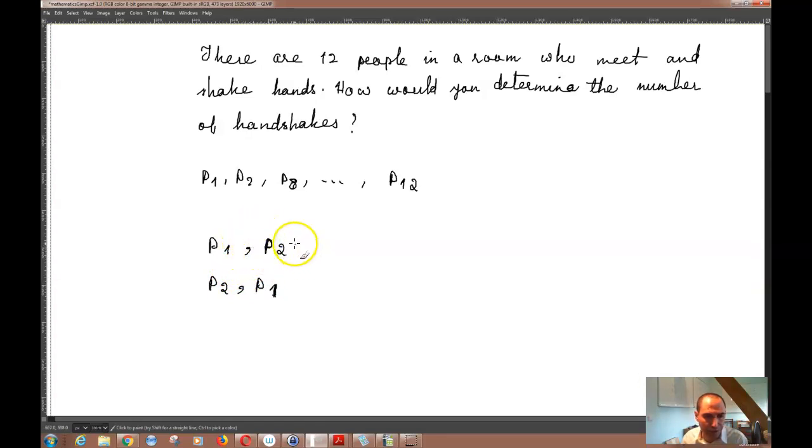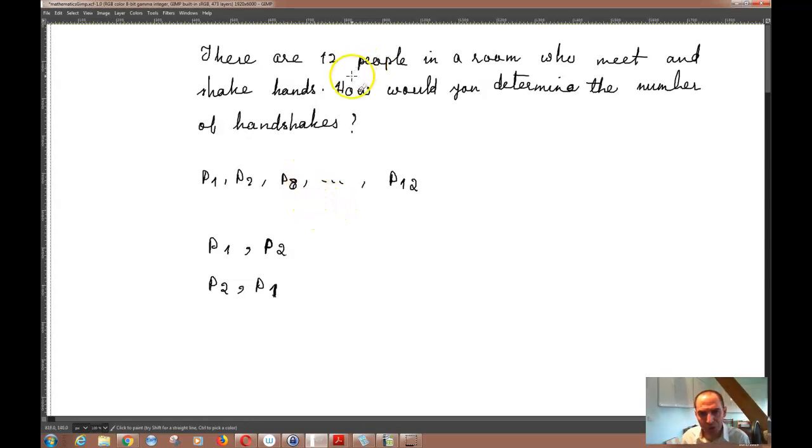As far as shaking hands is concerned, person 1 shaking hands with person 2, or person 2 shaking hands with person 1, are not 2 different events, because the same 2 people have shaken hands.